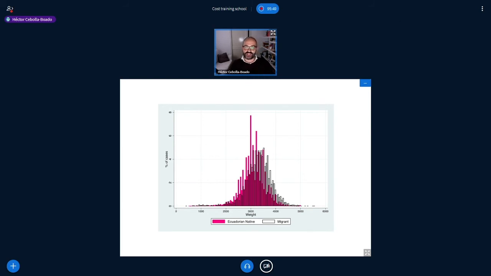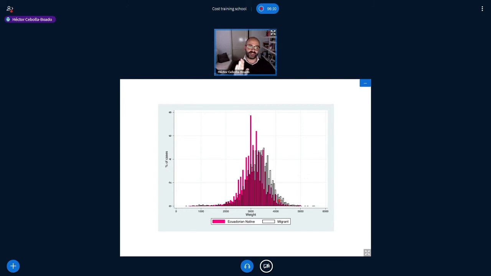And it's interesting to see, you would agree with me, that in general the distribution of weight at birth for Ecuadorian migrants is displaced towards healthier weights, so heavier babies.